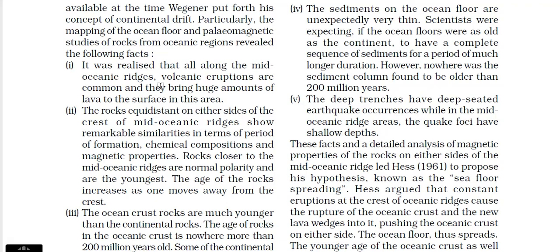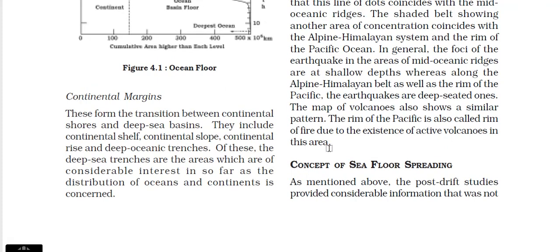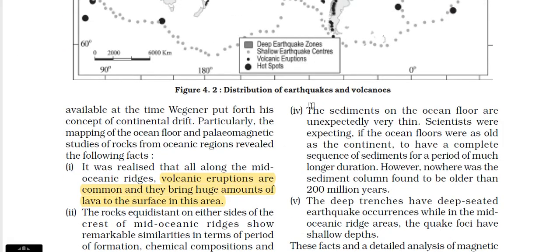You will find that volcanic eruptions are common and they bring a huge amount of lava to the surface of this area. So these 5 points are the answers, which are the reasons for the post-drift theories. See here, the post-drift studies provided considerable information that was not available at the time of Wegener. So what are those? These are the 5 points.